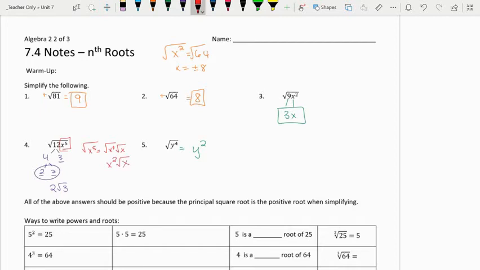So we have x squared and then 1 x left over. You can also think about it as I have 5 x's. I have a pair for x squared and then 1 left over, so it stays inside. So my final answer would be 2x squared, square root of 3x for that one. And we're going to do some more work with that stuff in a minute.